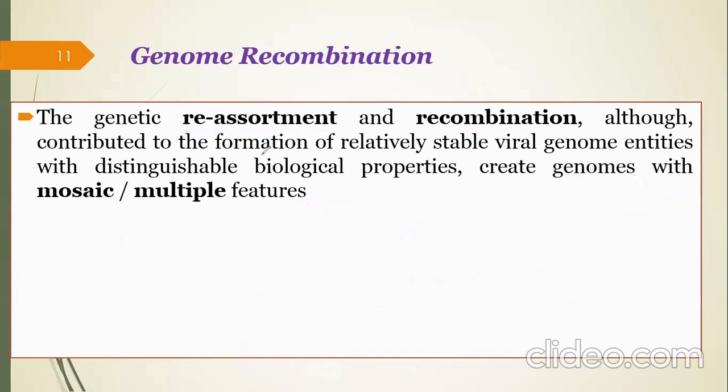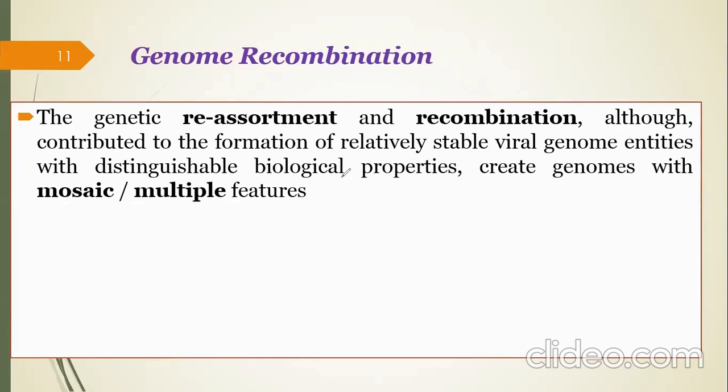And actually, genetic reassortment and recombination, although they contribute to the formation of relatively stable viral genome entries with distinguishable biological properties, create genomes with mosaic multiple features. So this recombination imparts distinguished features to the new evolving sequences.